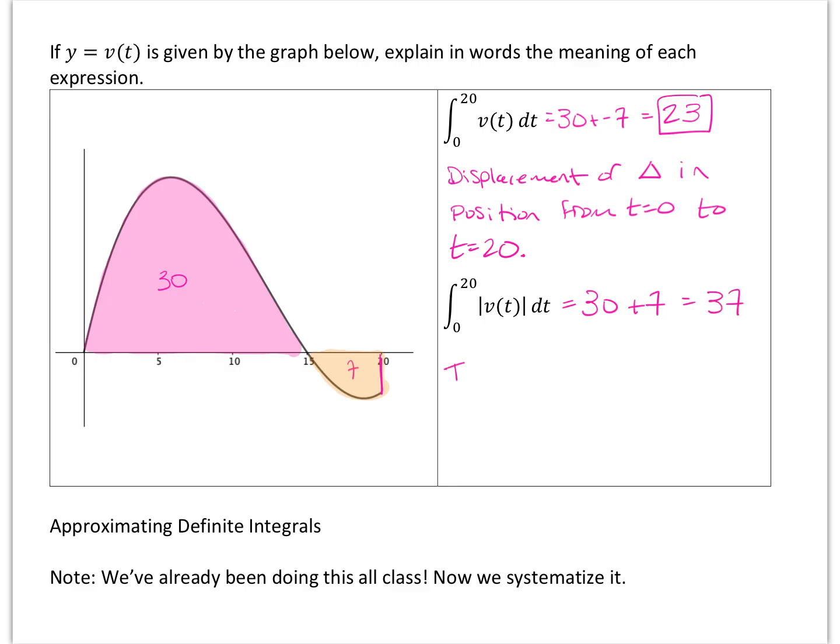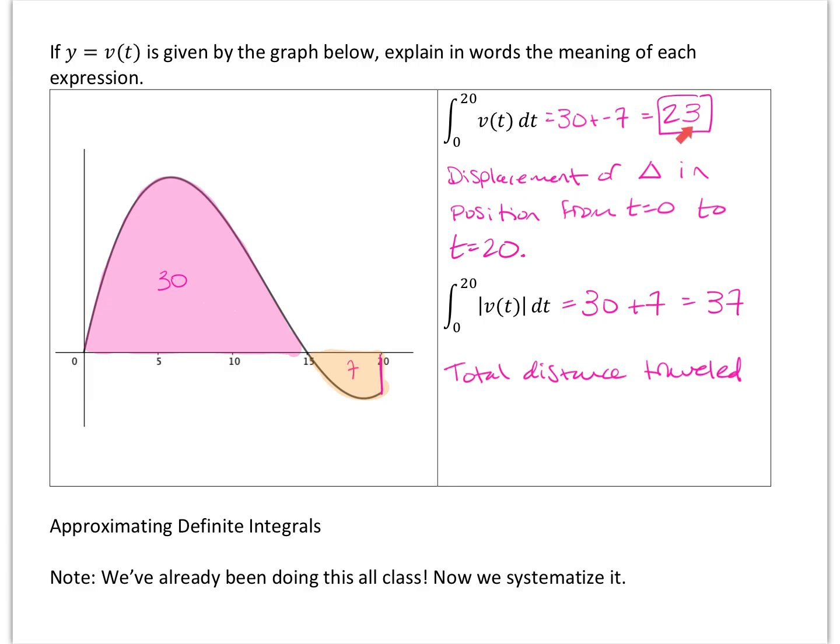And this gives total distance traveled, where we don't care if we were moving left or moving right. We walked or drove a total of 37 miles or feet or whatever.